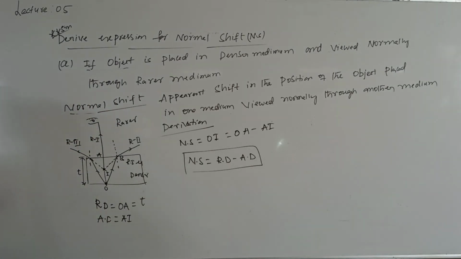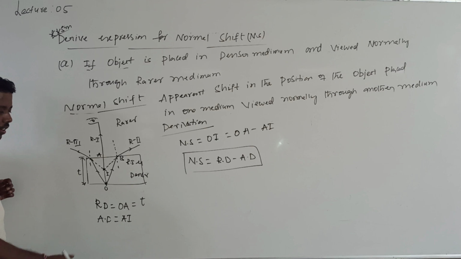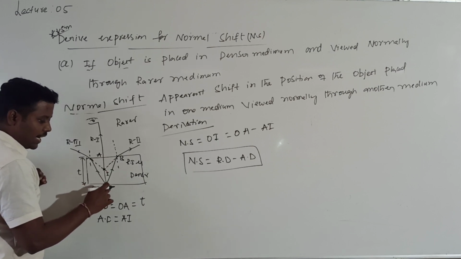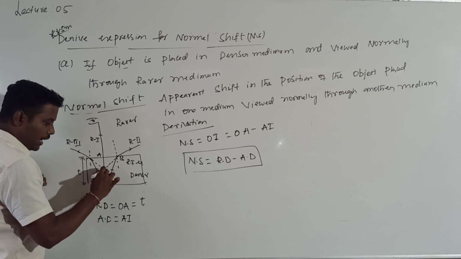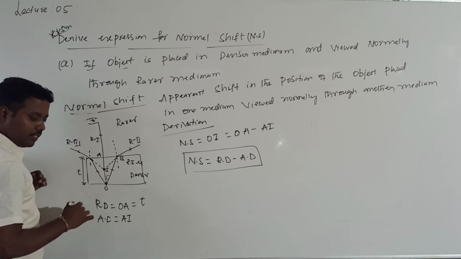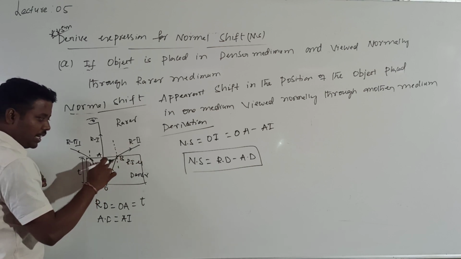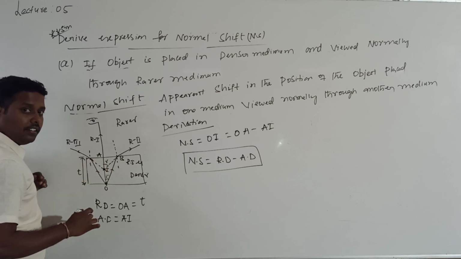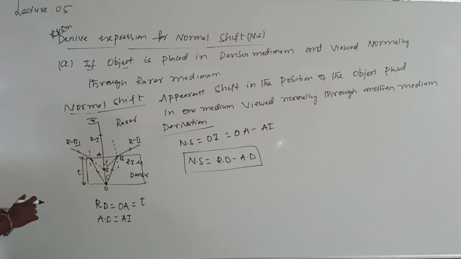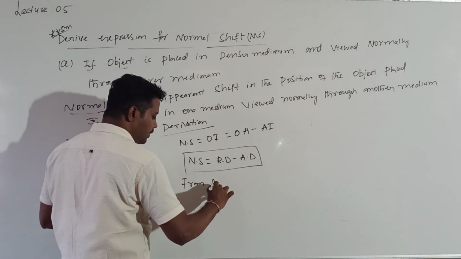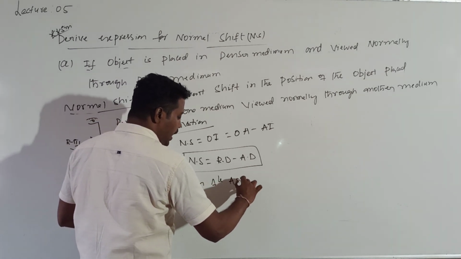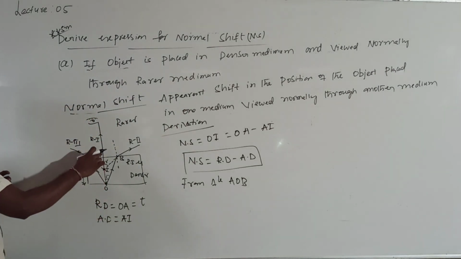Now, to calculate this apparent depth, let us suppose this is my incident ray. The angle made by the incident ray with the normal is the angle of incidence i. And this is my refracted ray. The angle made by the refracted ray with the normal is r. Now consider the triangle AOB, a right angle triangle.